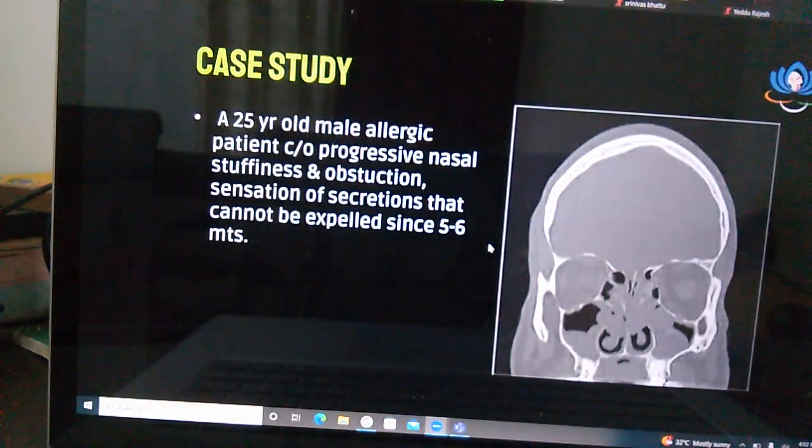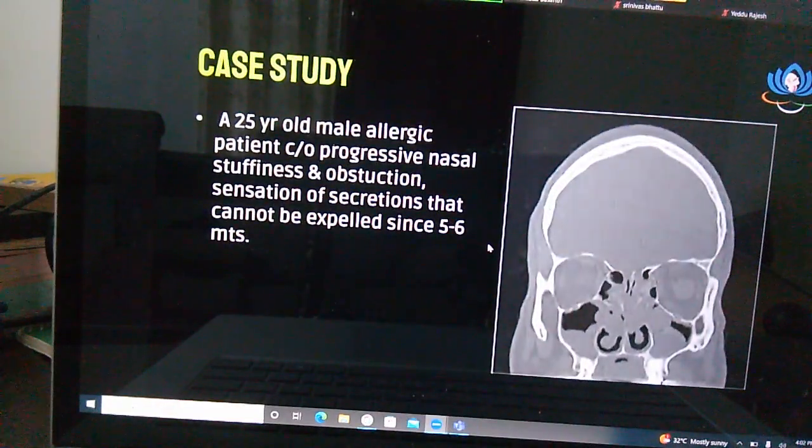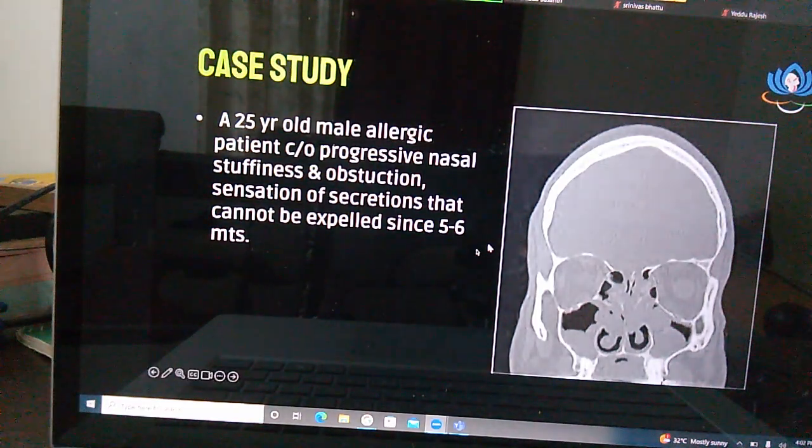Next case: a 25-year-old male allergic patient with progressive nasal stuffiness and obstruction, and a sensation of secretions that cannot be expelled since 5 to 6 months. On examination, you will see multiple polyps in the nasal cavity, and on the scans you don't see expansion of the sinuses.